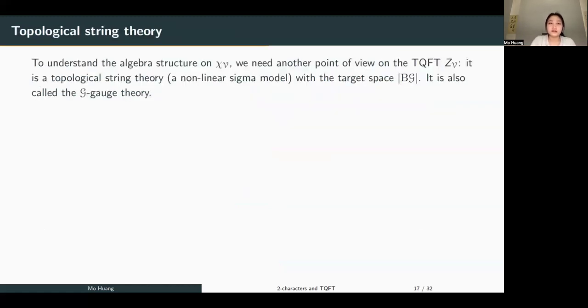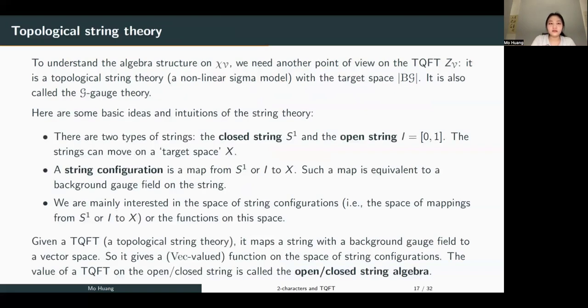To understand the algebra structure on chi V, we need another point of view on the TQFT Z_V. It is a topological string theory with the target space BG, and it is also called the G-gauge theory. Here are some basic ideas and intuitions of this string theory. There are two types of strings, the closed string S1 and the open string interval.